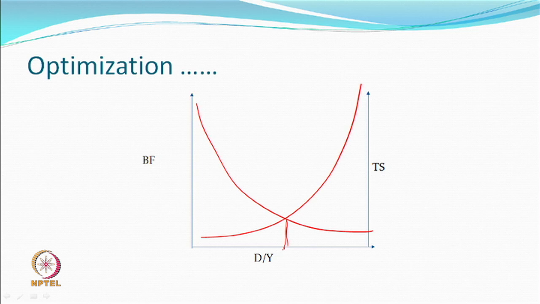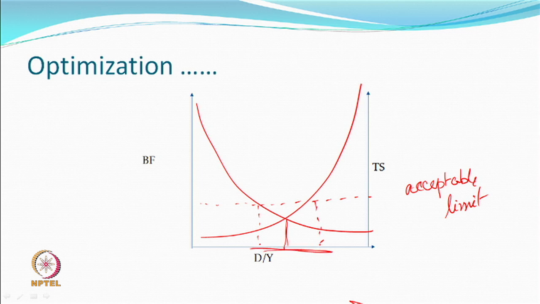So, what we have is, in case we have some acceptable limit of these characteristics, then you can get a range of d by y where you can do some optimization.